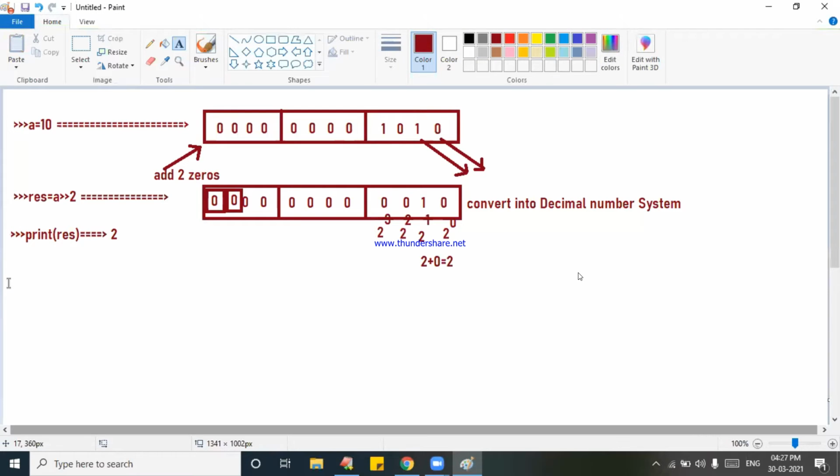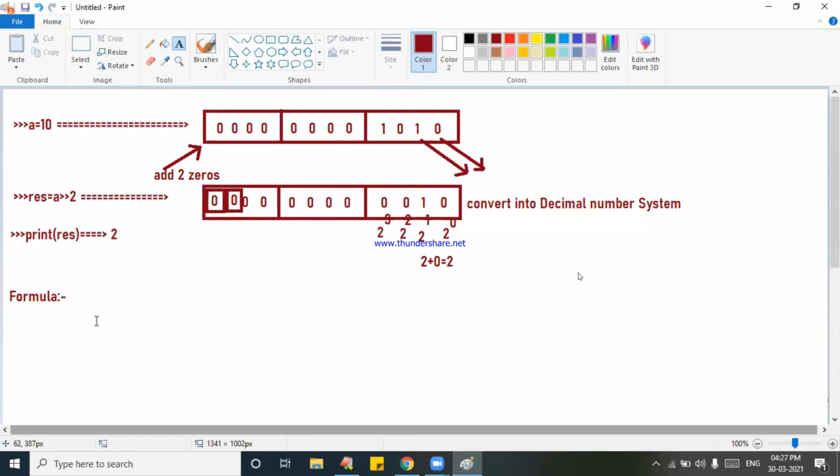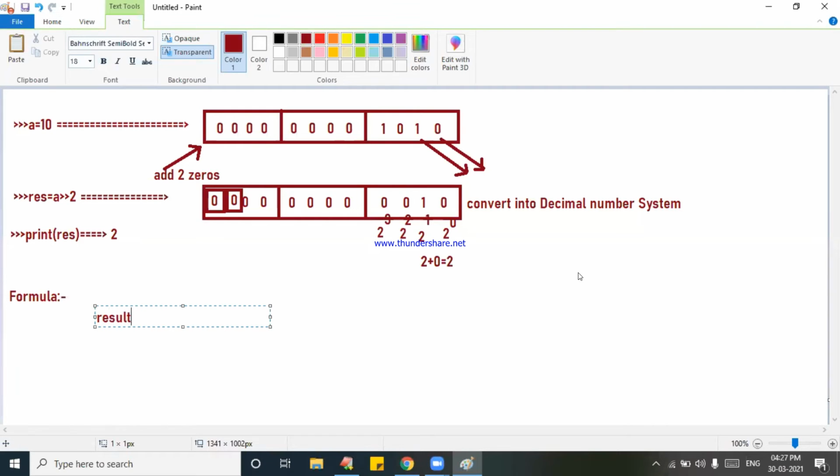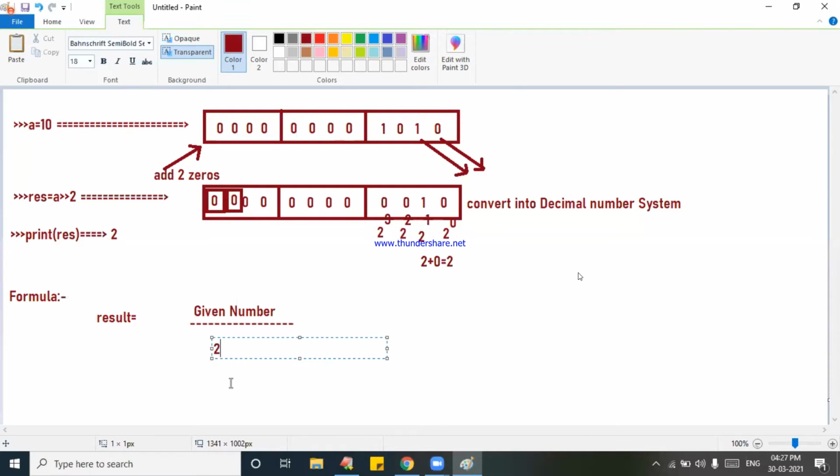Sir, what is the formula, sir? Shortcut formula I am telling, ma. Everybody must watch this. Watch this. Write it down. Result is equal to given number divided by 2 to the power of number of bits.